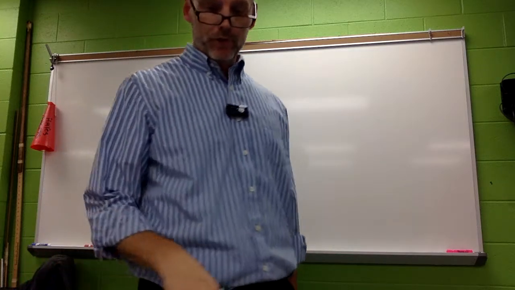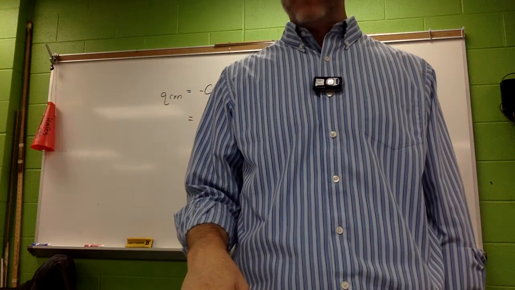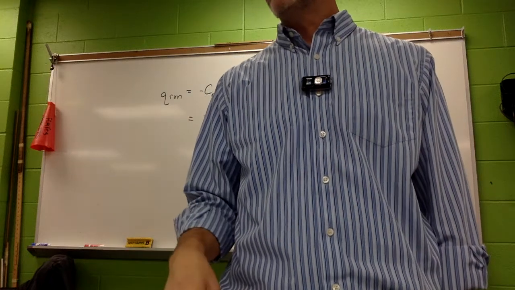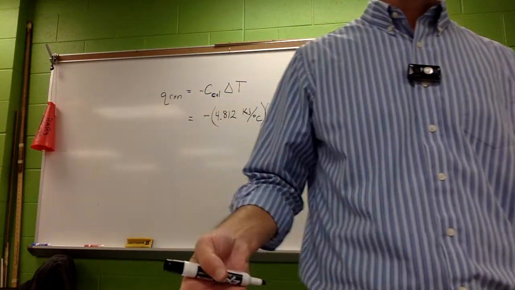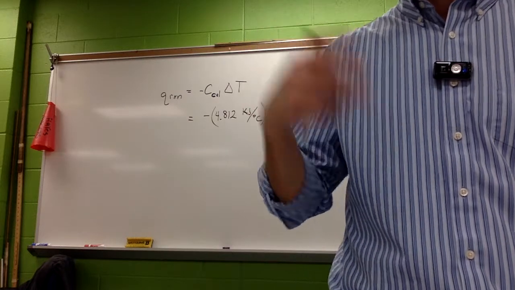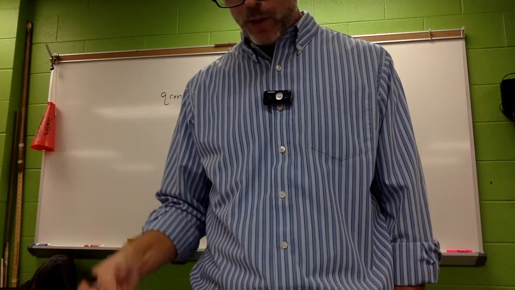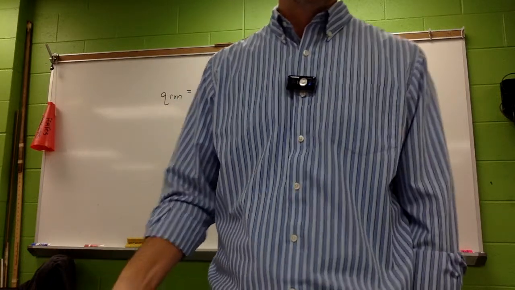And we see that the temperature of the calorimeter changed from 23.1 to 24.95. So the delta T is going to have a positive or a negative value? It's going to be a positive value because it's final minus initial. And it looks like 1.85.